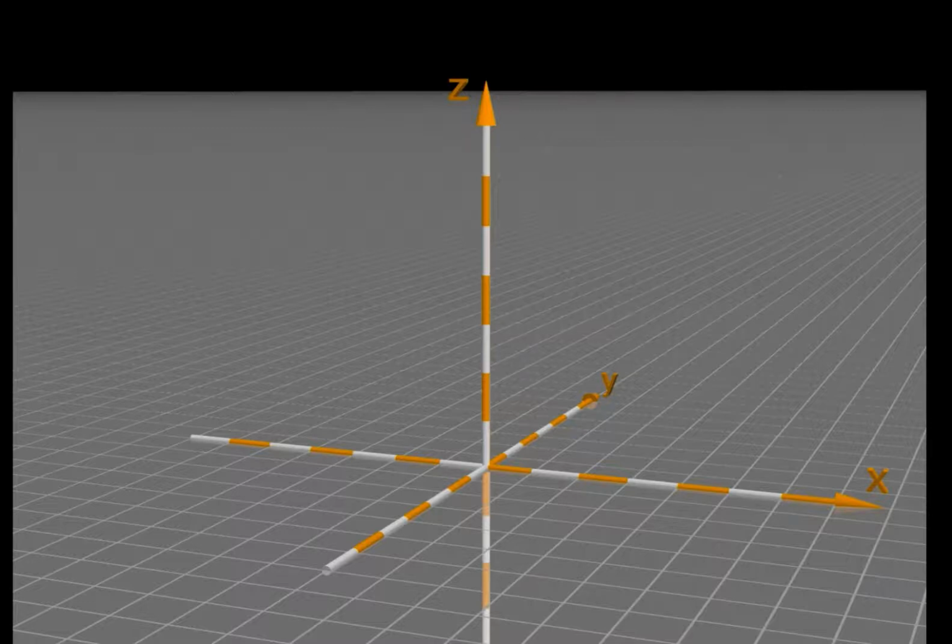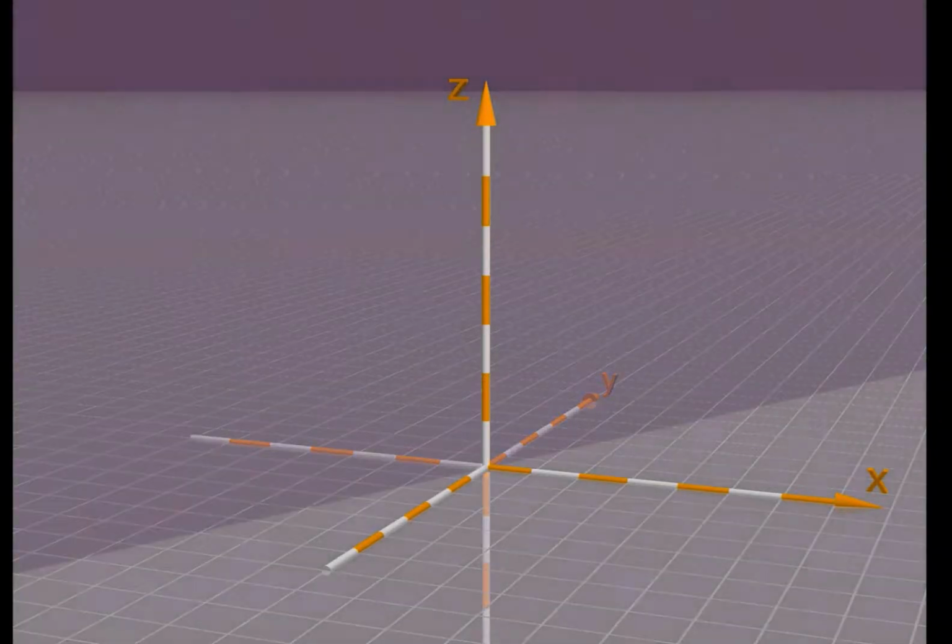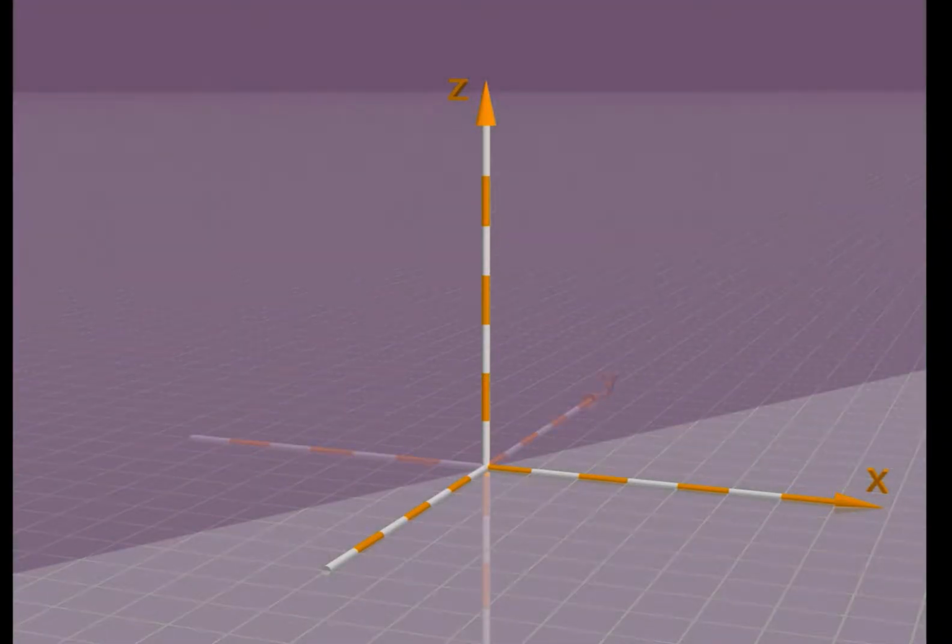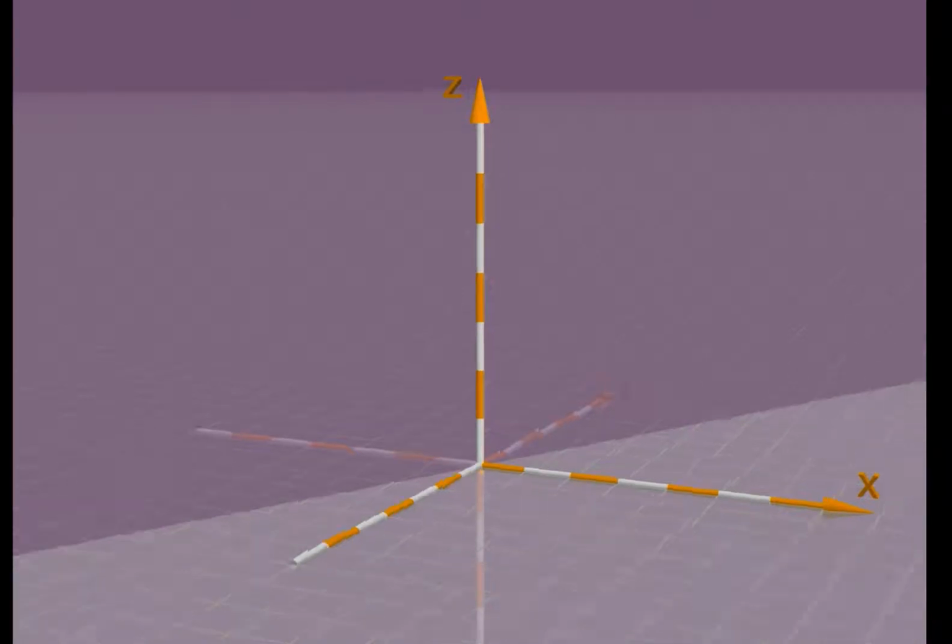First, the subvector space A, here it is. So you see it is like a two-dimensional subvector space, it is like a plane in R3.